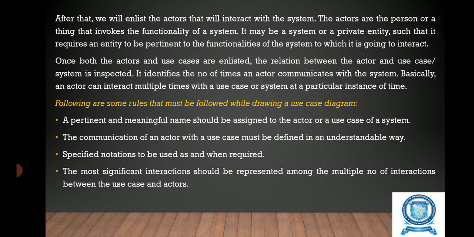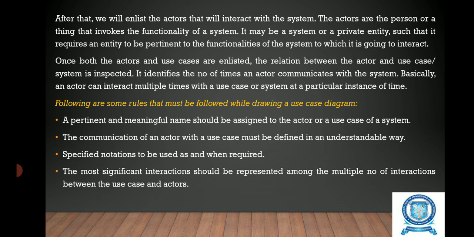After that, we will enlist the actors who interact with the system. These actors are a person or a thing that invokes the functionality of a system. It may be a system or a private entity, such that it requires an entity to be pertinent to the functionalities of the system with which it is going to interact.